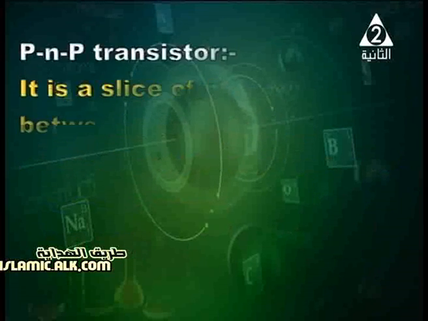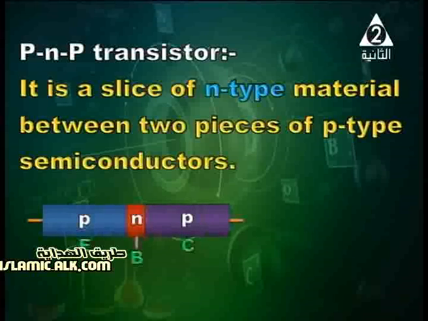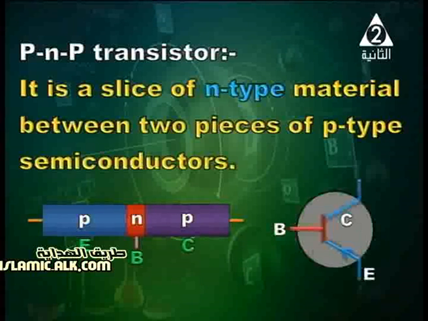The second type is the PNP transistor, and it is a slice of N-type material between two pieces of P-type semiconductors. Note that the direction of the arrow is reversed.